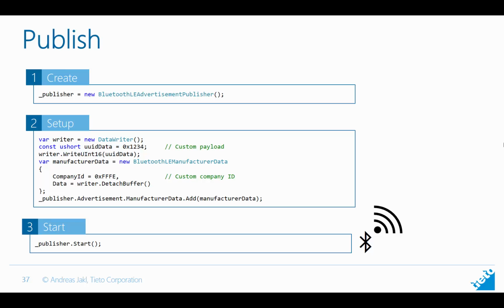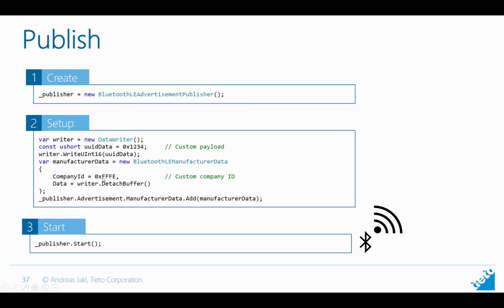So first of all, you just create a publisher, a Bluetooth LE advertisement publisher. The second step, you set up what to publish. So you just define which IDs you want to publish, some manufacturer data. So for example, your company ID, which is actually standardized by the Bluetooth SIG.